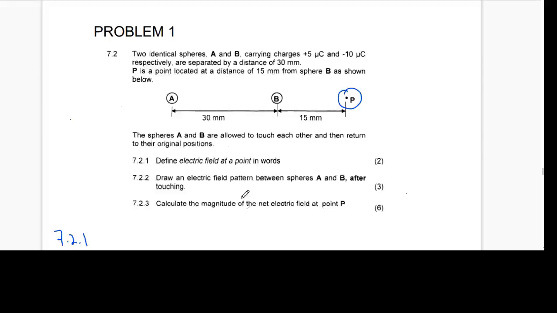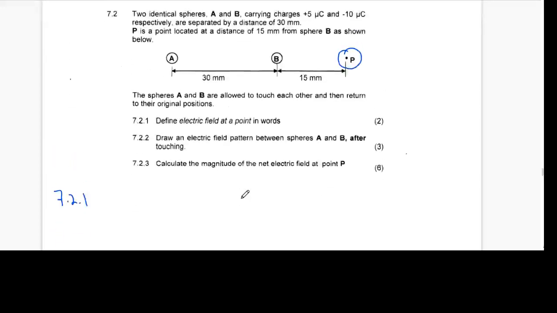So that's what we're going to do here. These questions follow from this statement, after these two charges were brought closer together and then separated.